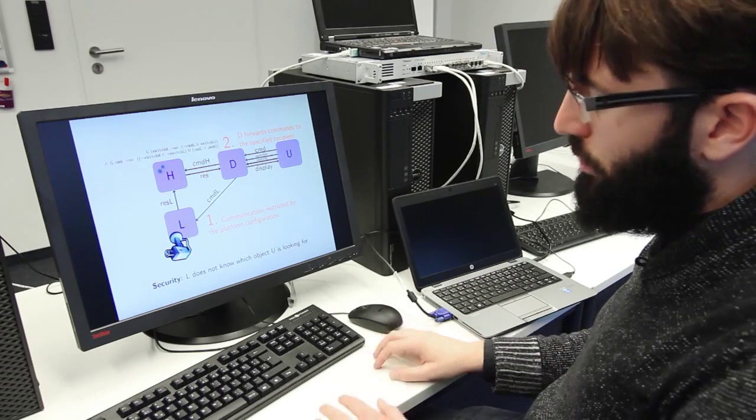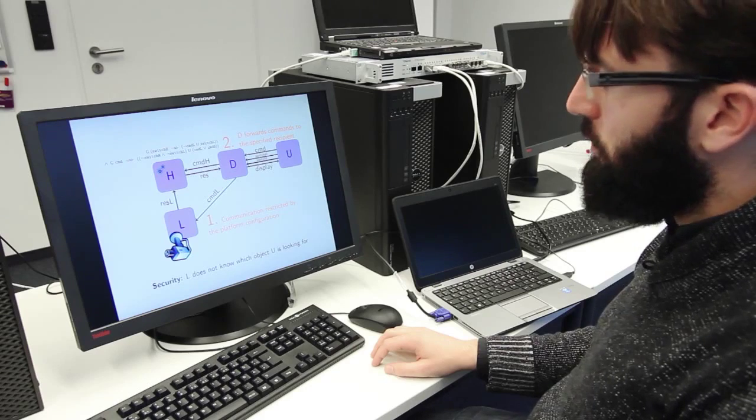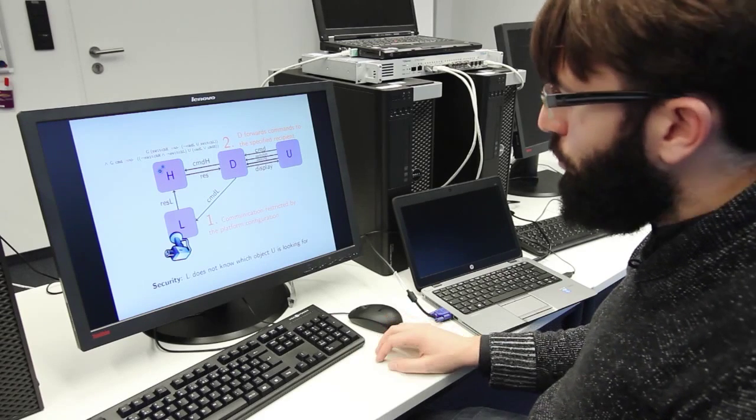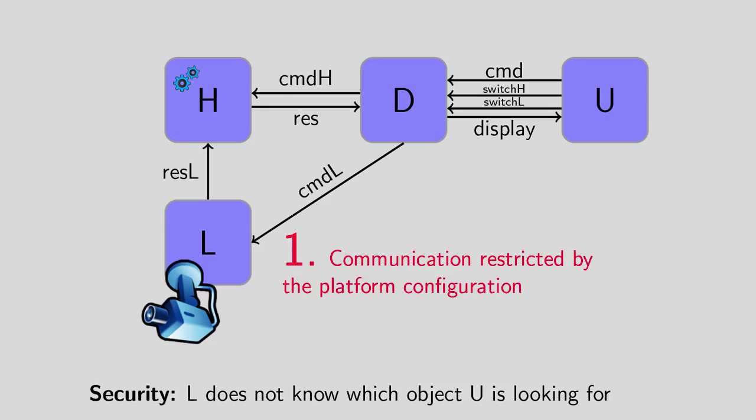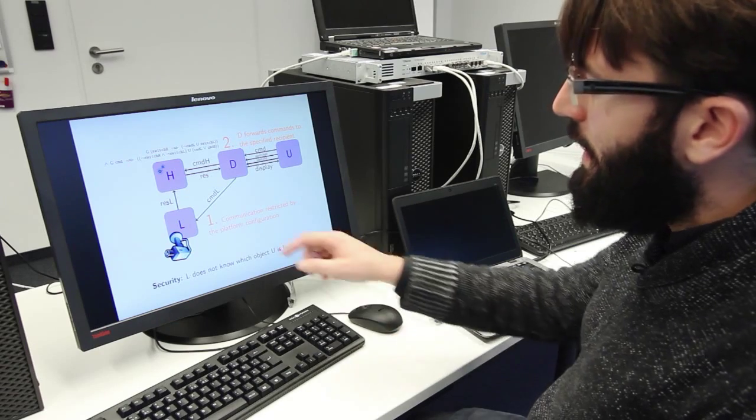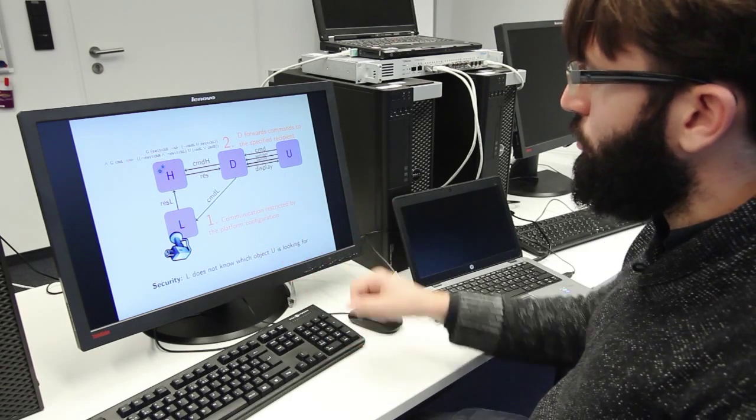In order to ensure this guarantee, we have an argument that is built on two main points. First, the communication between the subjects is restricted by the platform configuration. A subject can send a message to another one only if there is an arrow between them. So for instance, here, L cannot send a message directly to U.